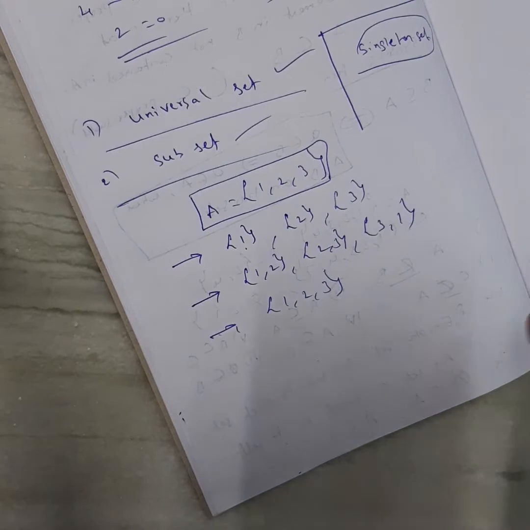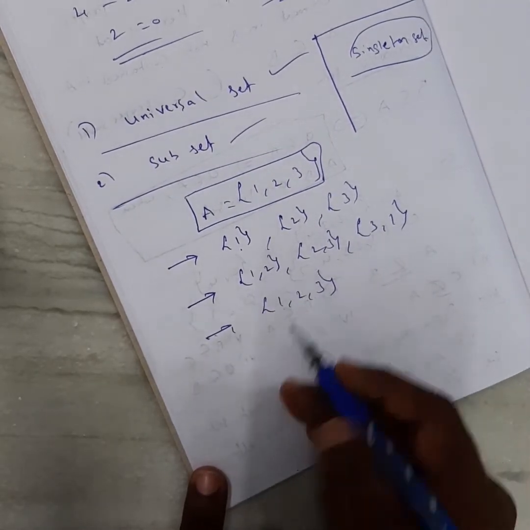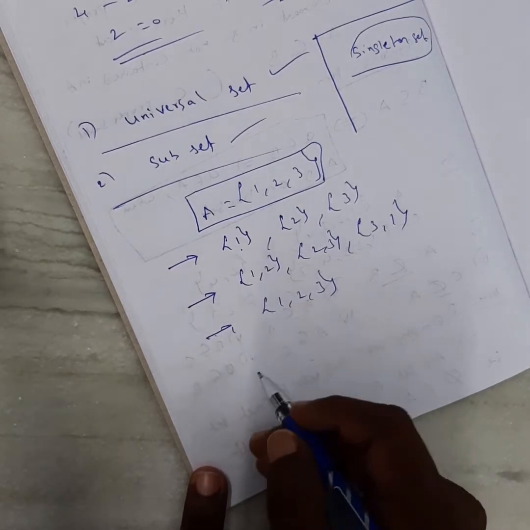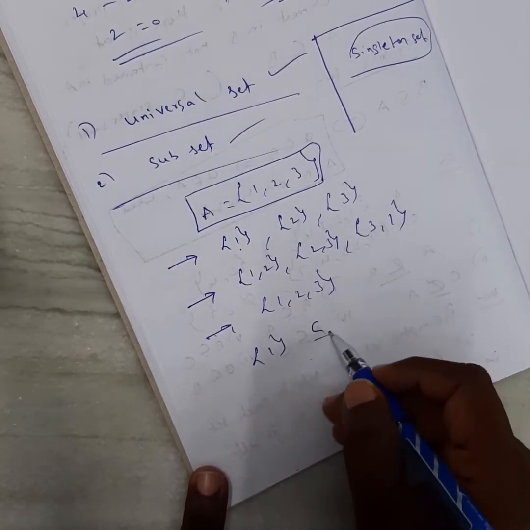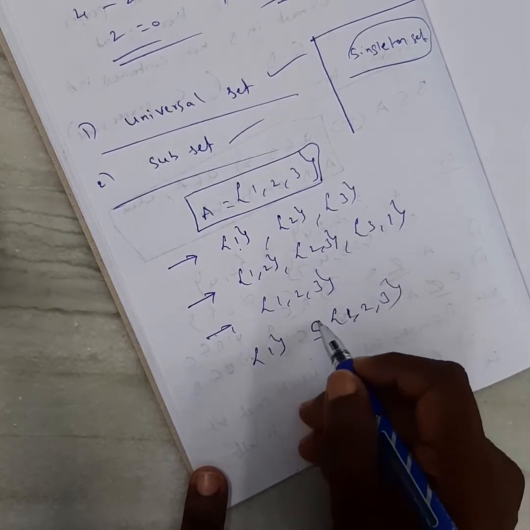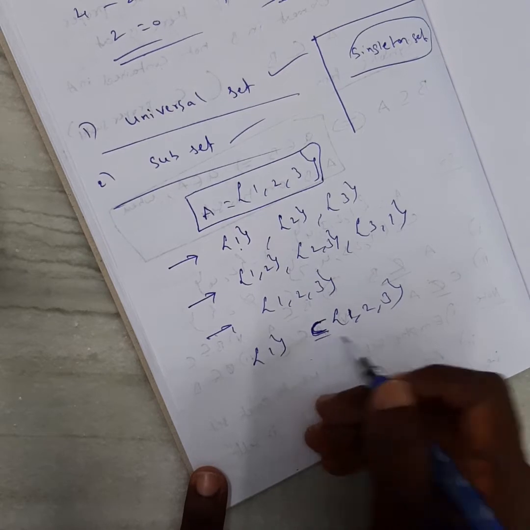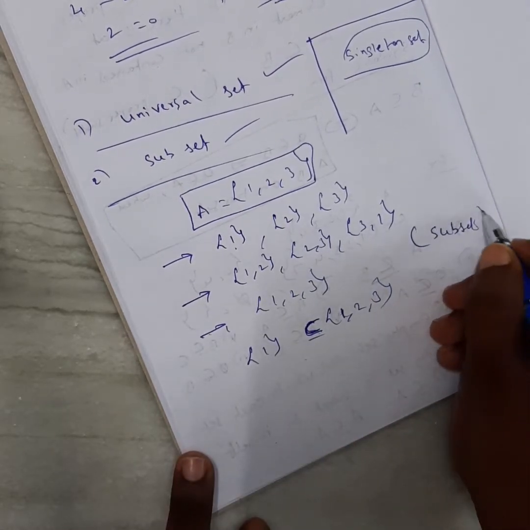So children, if you observe here, the first set: {1} is contained in {1, 2, 3}. This symbol is called subset.